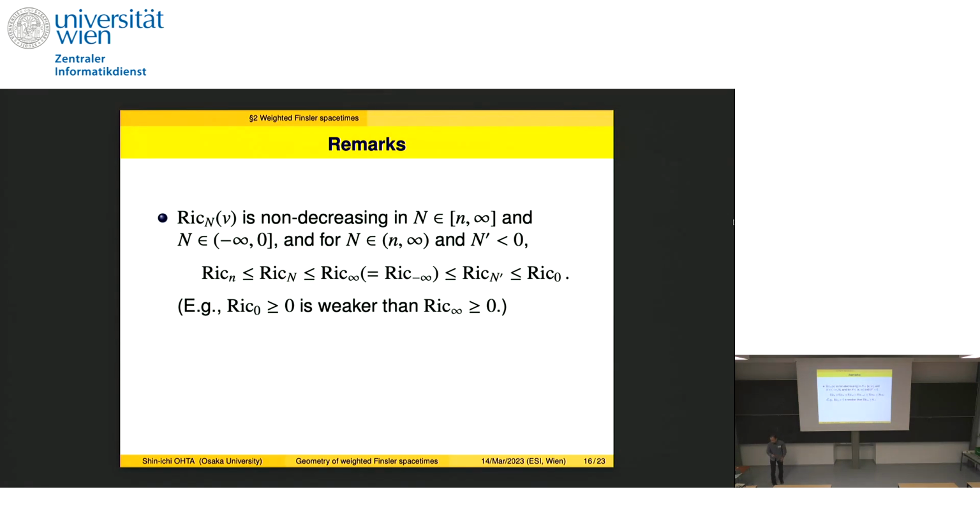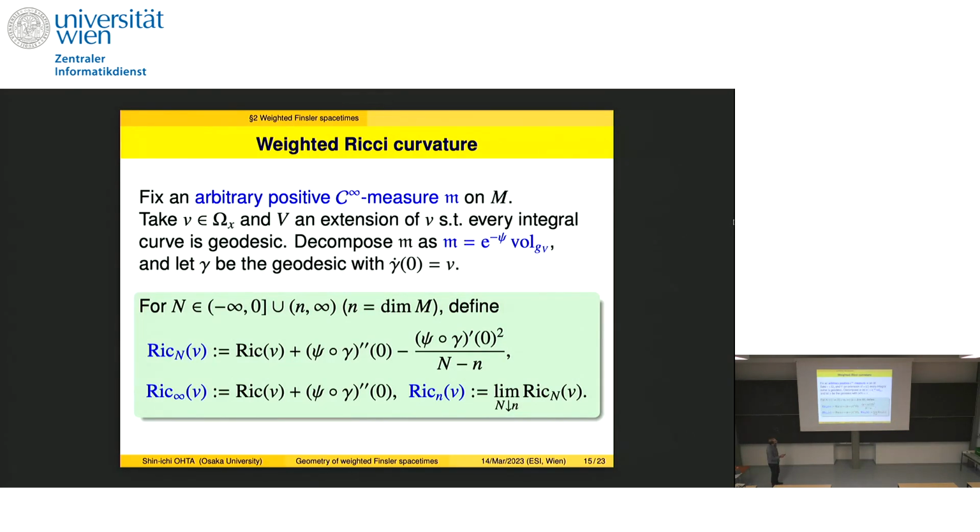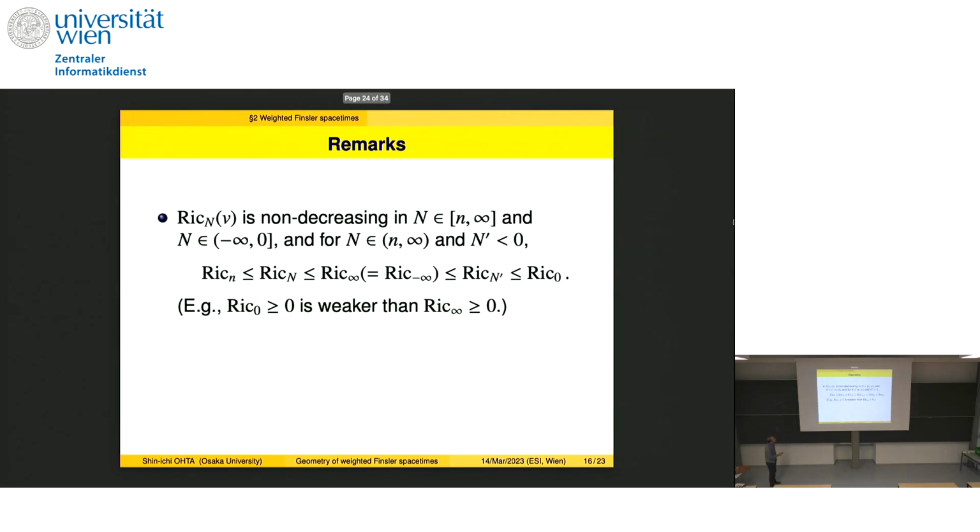Then I want to give one remark about the role of the real parameter capital N. Just by definition here, this is the only place where capital N appears. And just by looking at this term, we see that Ric_N of p is non-increasing in this parameter N in the range between the dimension small n to infinity and also minus infinity to 0.